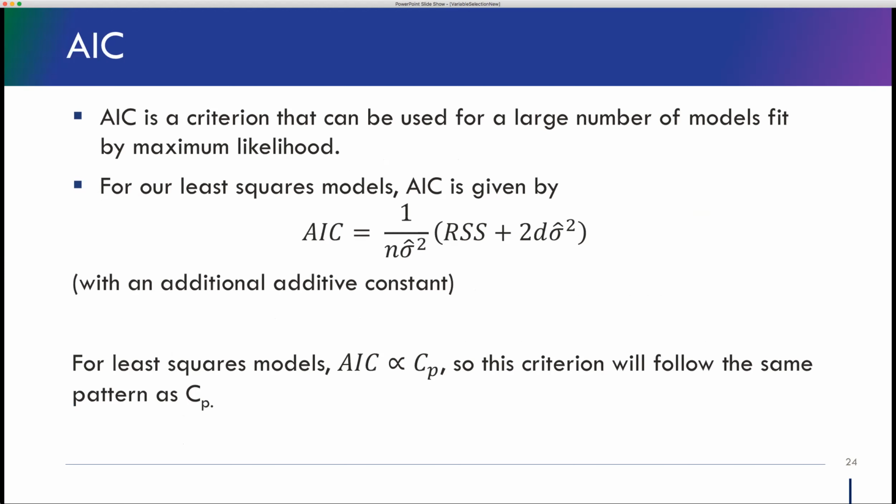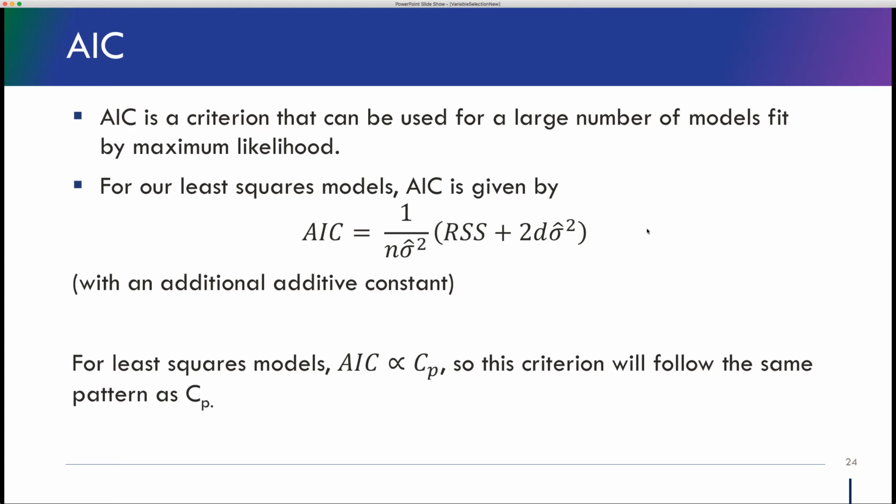And the next one is AIC. Comparing to Cp, this one can be used for a relatively large number of models fit by maximum likelihood. And for the least squares models, this AIC is defined as this. It's not exactly equal.